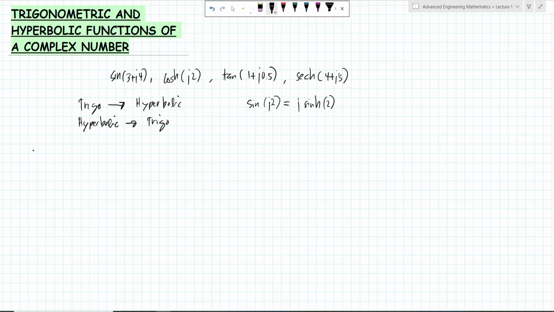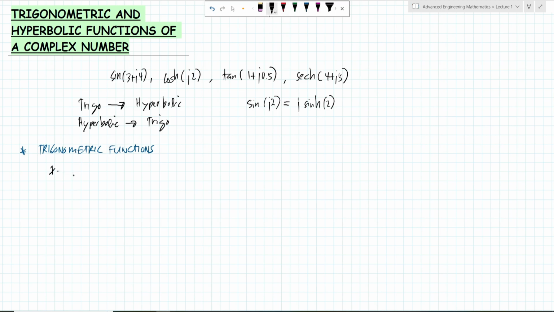So these are our conversions. Let's start with the trigonometric functions, and later we will derive some of the formulas.